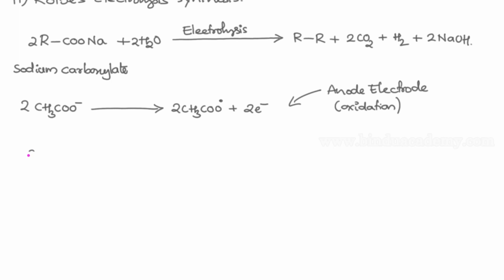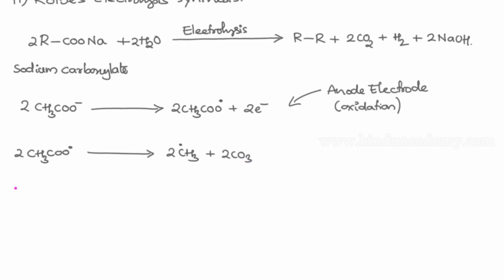Okay, so now in the next step, we'll write here CH3COO free radical, two free radicals I will take. So in this process we'll get two methyl free radicals, CH3 free radical, and along with that we get two molecules of carbon dioxide liberated.